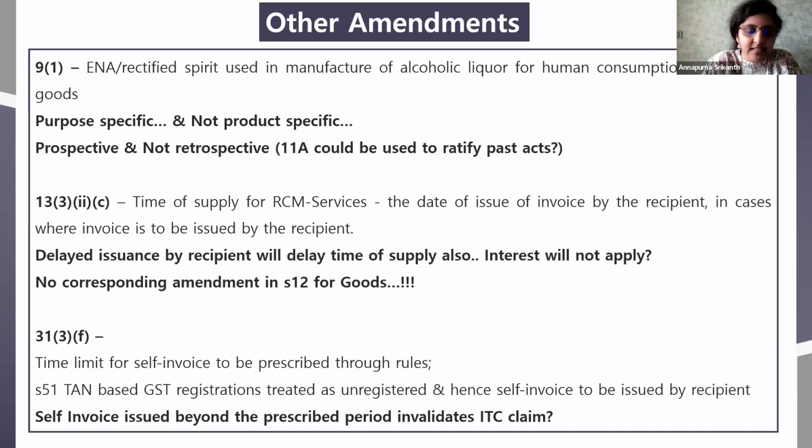Anyways, for that we will visit section 13. Now, on a pure basis, if we are looking at 31.3, where I am issuing a belated self-invoice, interest would be applicable is what I'm saying.